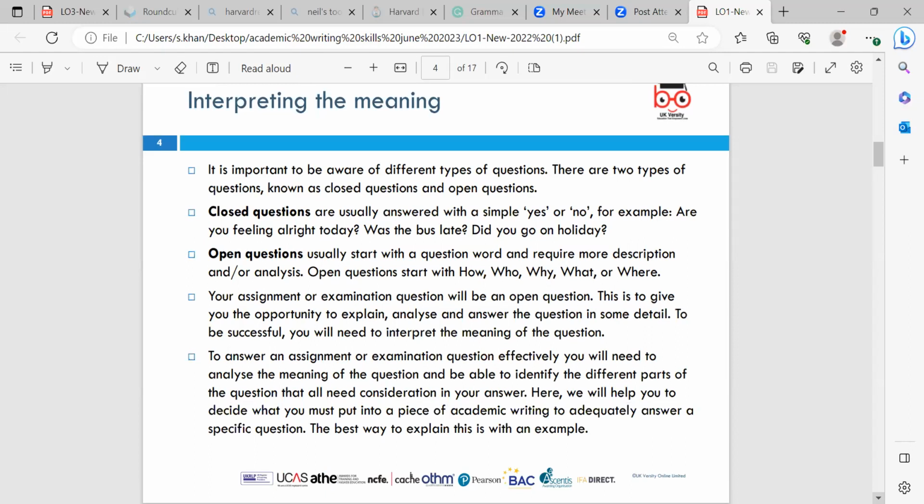Then we've got open questions, which usually start with a question word and require more description. So these are things like what, why, where, when. So we look at these in regards to what the issue was here, and look at the assignment in interpreting the meaning of it.